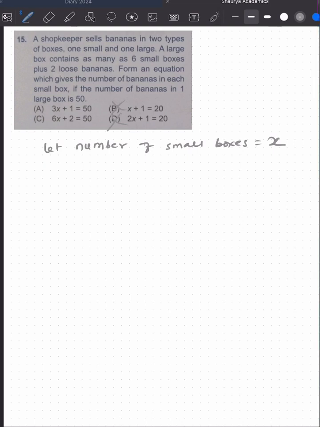Now that means a large box contains how many? 6 small boxes plus 2 loose bananas. The number of bananas in one large box is equal to 50. So which means 6x plus 2 loose bananas is equal to 50. So C is your answer.